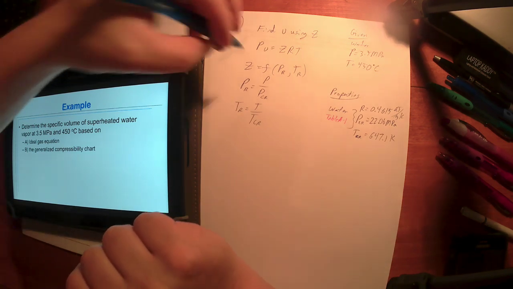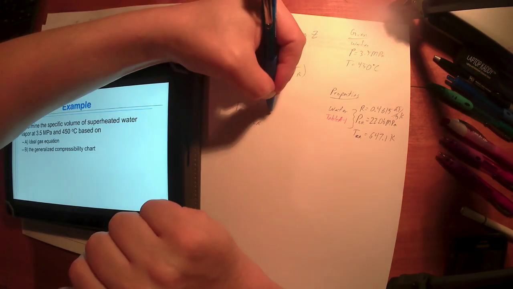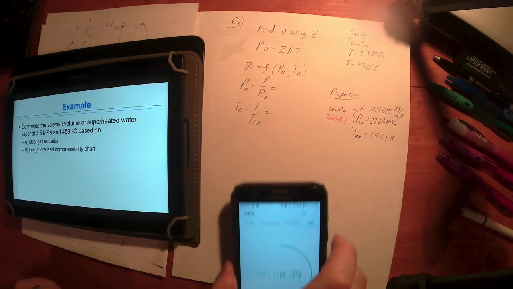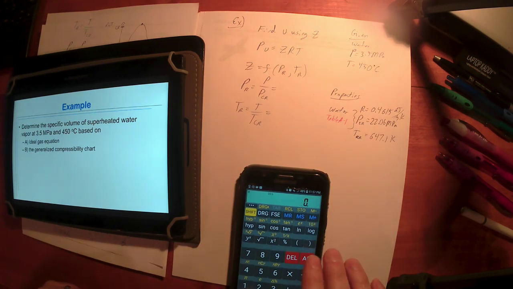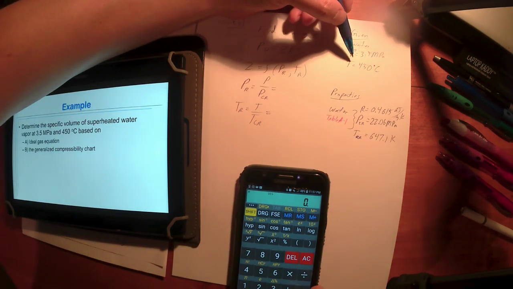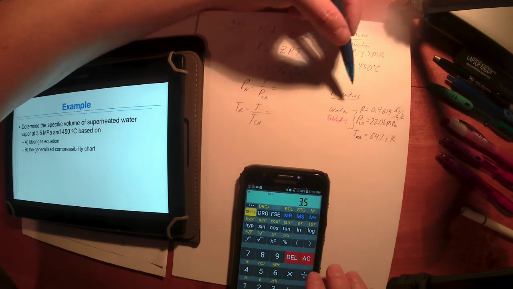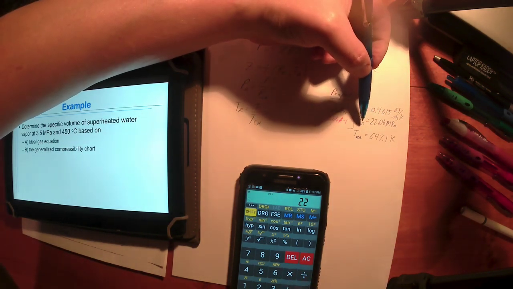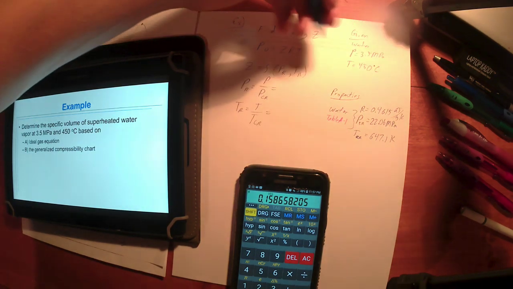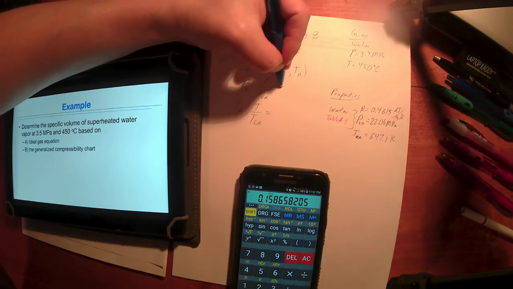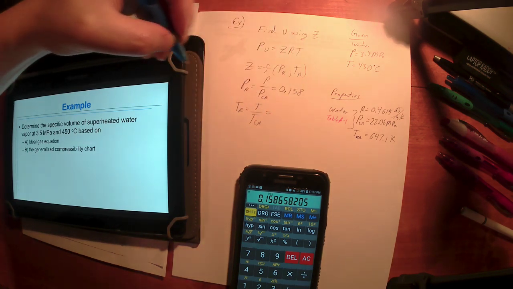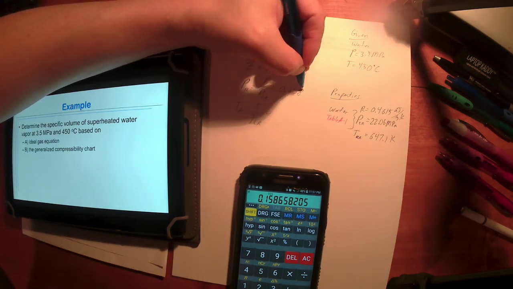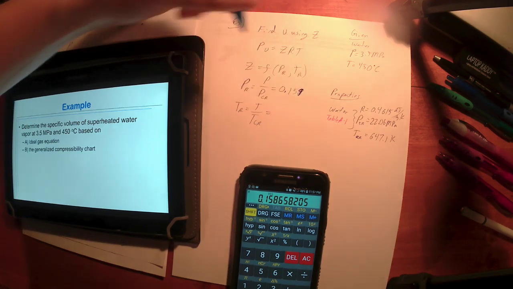Okay, so what does that mean? Well, that means I can now go find these values. So my pressure is 3.5 megapascals divided by this 22.06. So 0.159, I apologize.